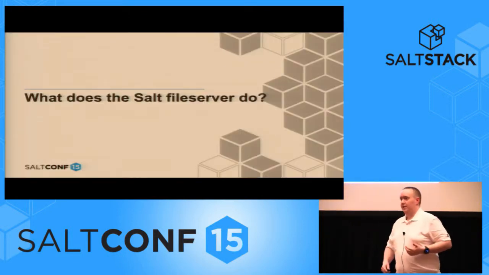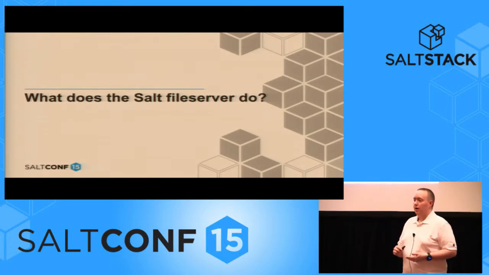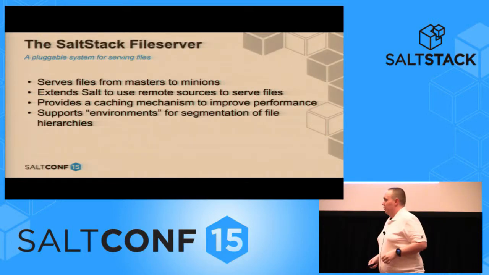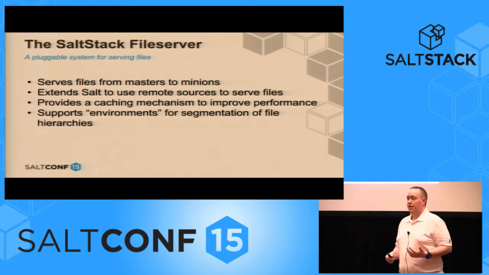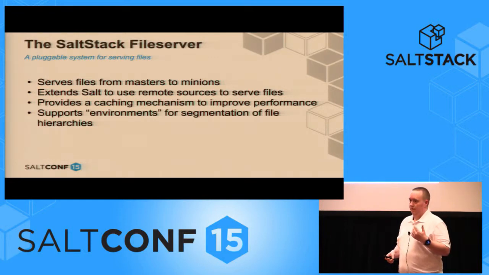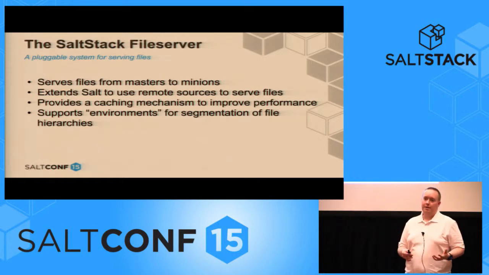So I'm going to talk to you about the different file server backends, what they do, how they work, and how you can use multiple backends. So the SaltStack Salt file server, by default when we first started, just deployed files from the master's local file system.